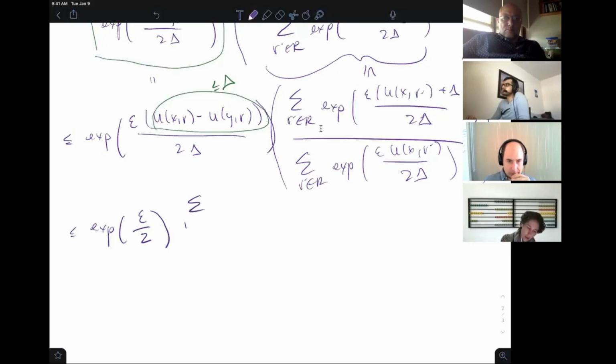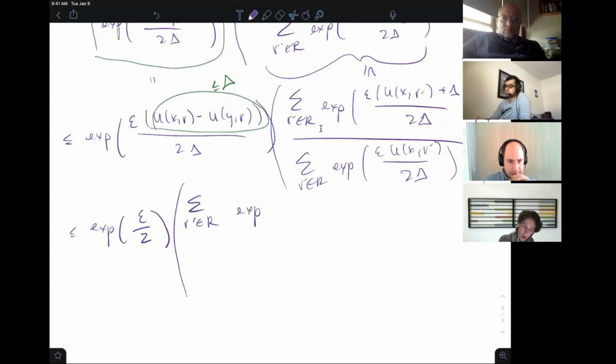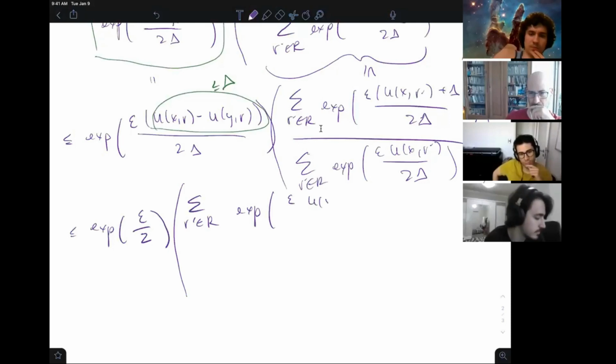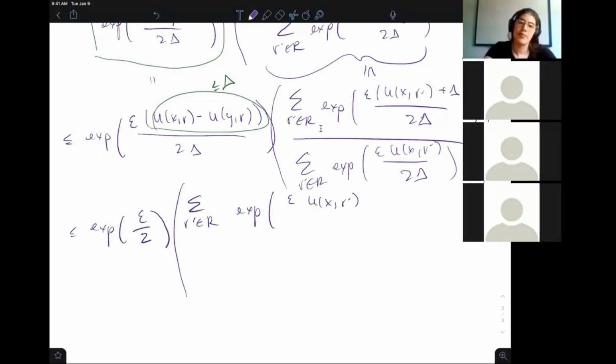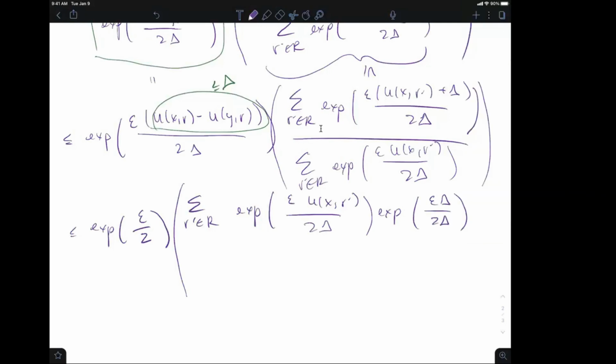So I've got a sum here of r prime and r of x epsilon u x r prime over 2 delta times an exp of, what have I got here, an epsilon times a delta divided by a 2 delta. Is that right? Does that look pretty good?